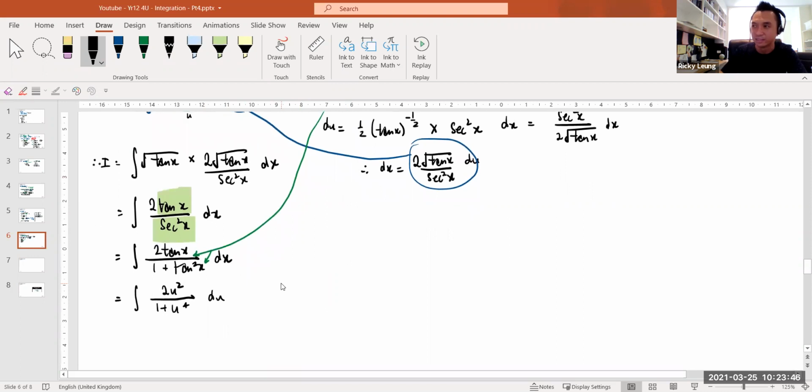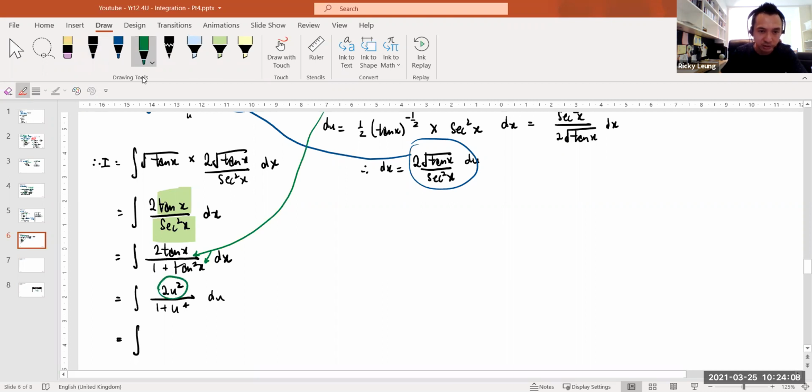Guys, this requires a little bit of faith. How do you know to do the next bit, where I'm going to divide top and bottom? I'm going to try to split this guy up into 2 parts.